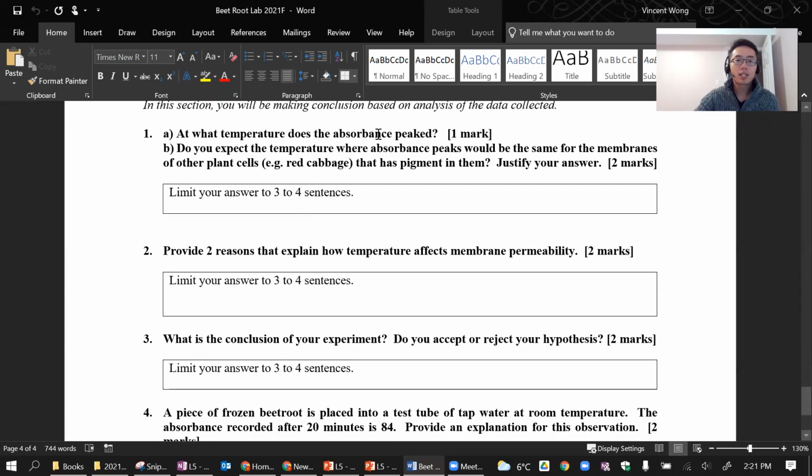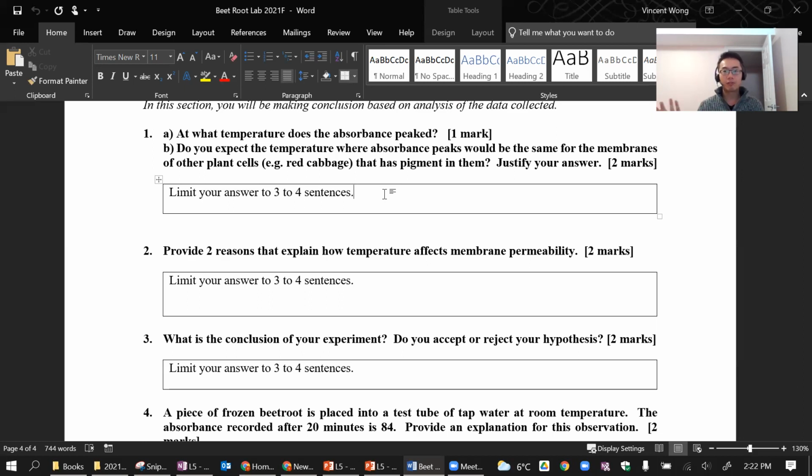Okay, last part. At what temperature does the absorbance peak? 60 degrees, right? After that, it kind of plateaus a little bit. And do you expect this to be the same for other types of membrane? Many people say yes, but the answer is actually no, because the permeability is going to be dependent on the composition of the cell membrane.